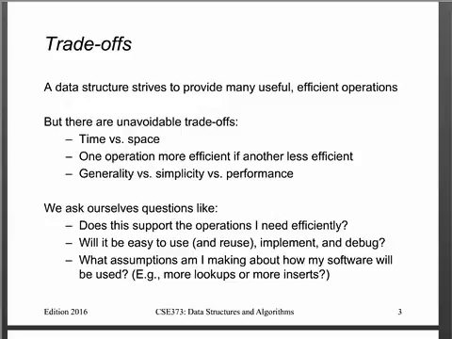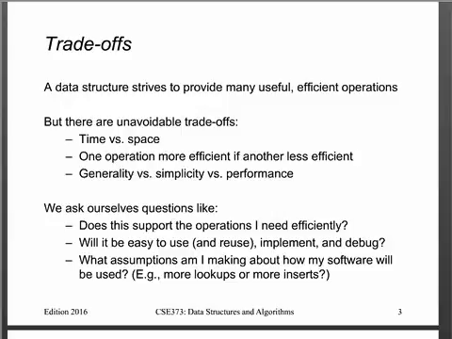When we do programming and when we get interested in algorithms, we have to make trade-offs, because we have to combine many different criteria together. For example, we have to think in terms of time versus space. It means if we want to have a very efficient data structure, very efficient operations, maybe we have to use more space.